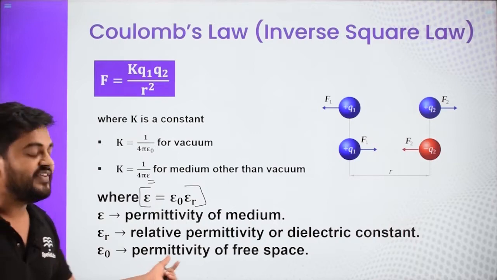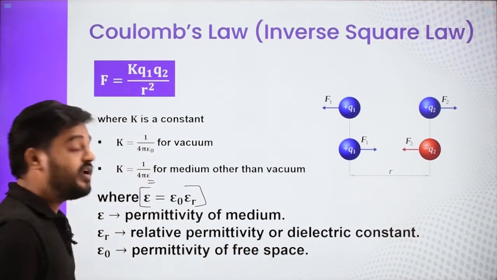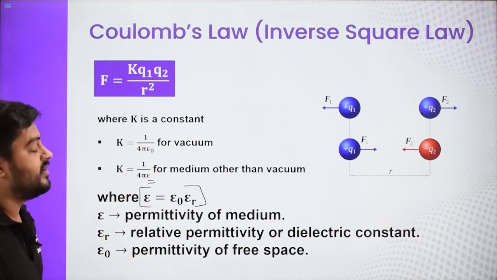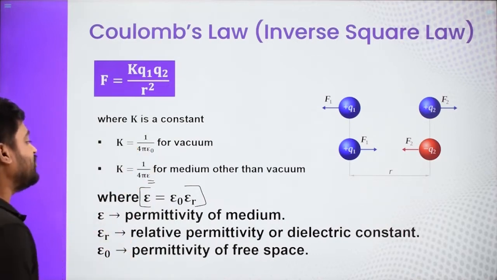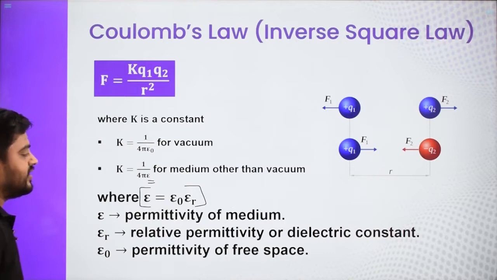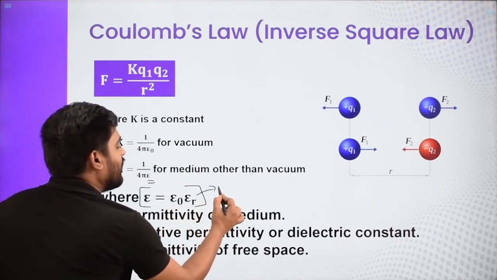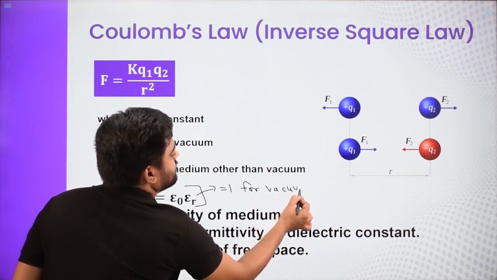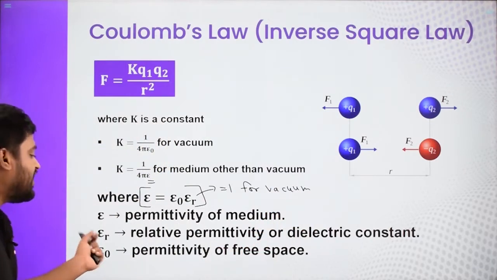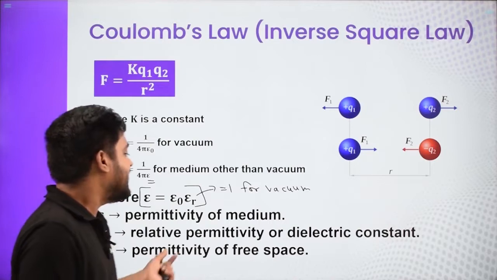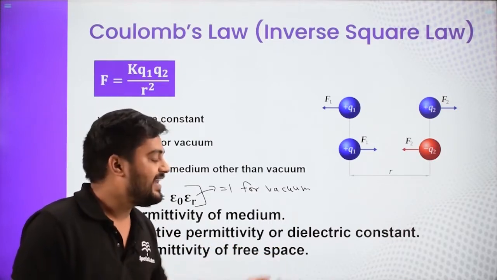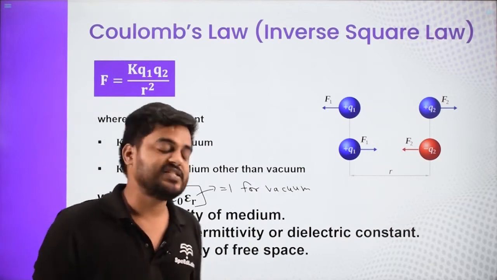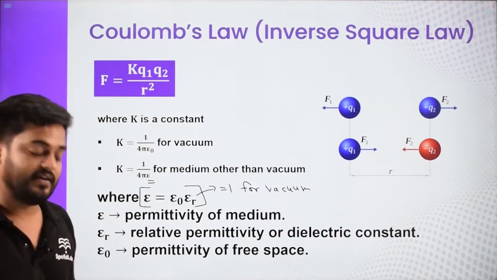Epsilon naught is the permittivity of free space, or we can also say permittivity of vacuum. So when the medium itself is vacuum, this epsilon is epsilon naught and epsilon r is 1. What about epsilon r? Epsilon r is known as the relative permittivity or dielectric constant of the medium. For vacuum, this value epsilon r is nothing but 1.